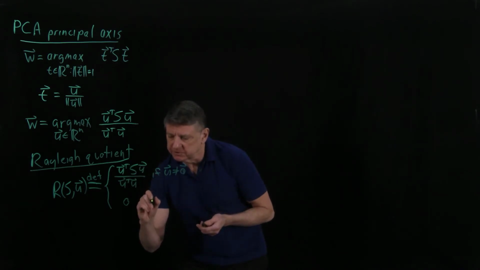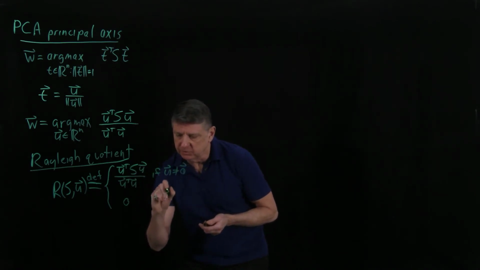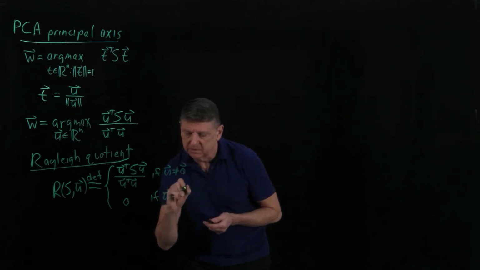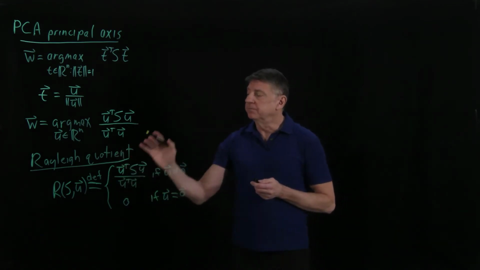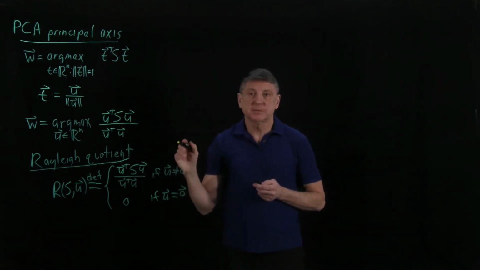So it returns zero if u equals the zero vector. I can now use the Rayleigh quotient and reformulate this problem.